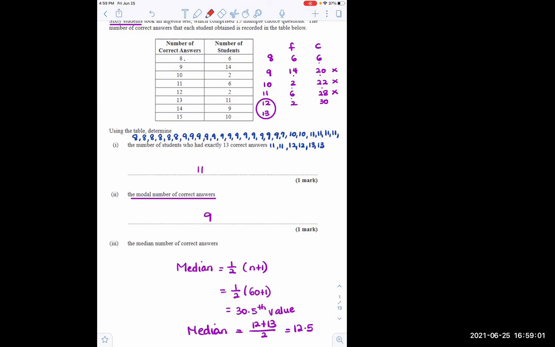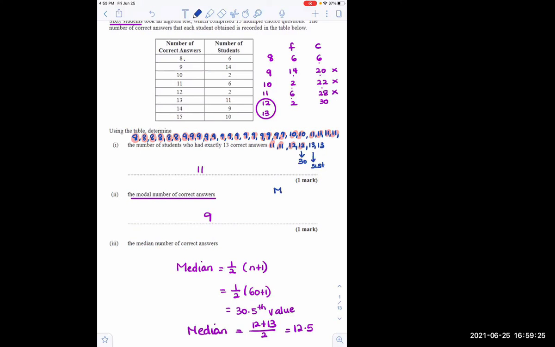So let me count it. 1, 2, 3, 4, 5, 6, 7, 8, 9, 10, 11, 12, 13, 14, 15, 16, 17, 18, 19, 20, 21, 22, 23, 24, 25, 26, 27, 28, 29, 30. So this is the 30th value and this is the 31st value.